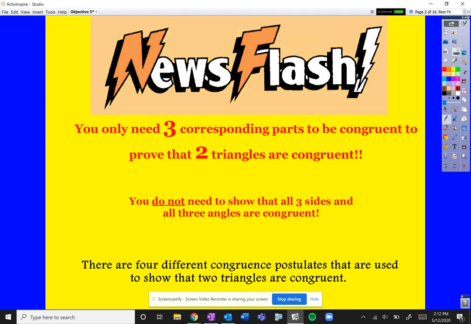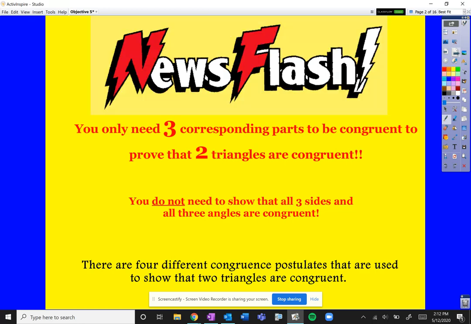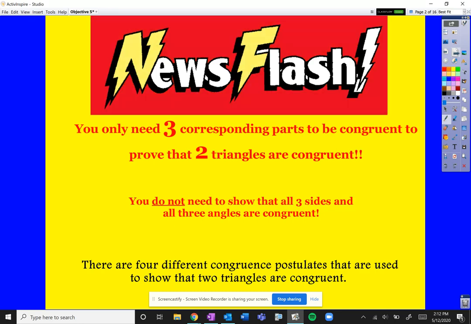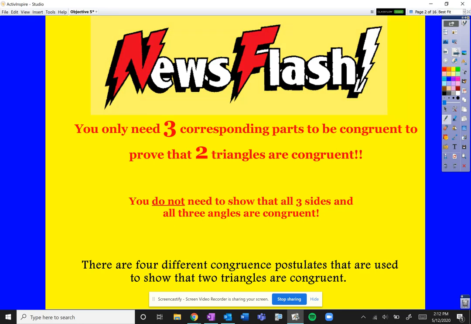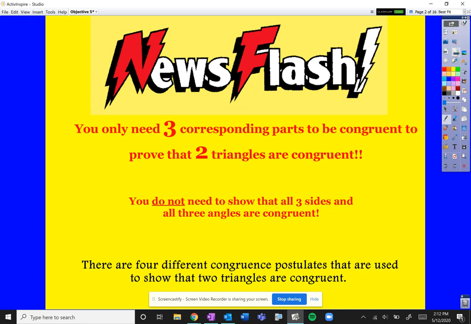Remember, corresponding parts means that they're in the same location on two different triangles, the same side or the same angle location. You actually don't need to show that all 3 sides and all 3 angles are the same. There's a smaller number of parts where you can stop yourself and say, well, I've proved that 3 are congruent. That means the whole shape is congruent.